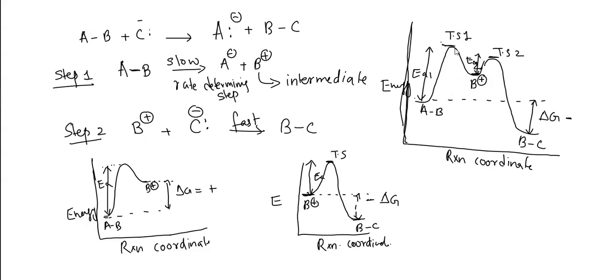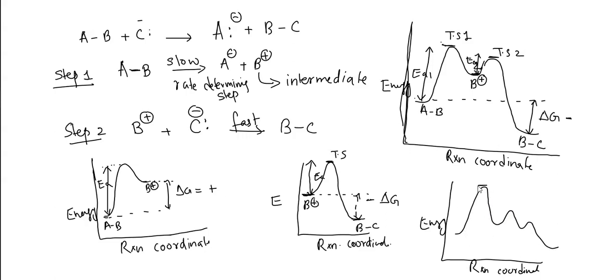how many hills you have on your energy diagram. So if you have 2 of these, that means it's a 2-step reaction. So for example, if I had an energy diagram which was represented like this, then since you have three transition states, this represents a 3-step reaction.